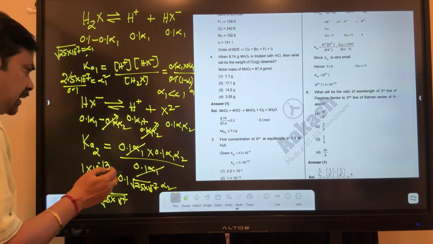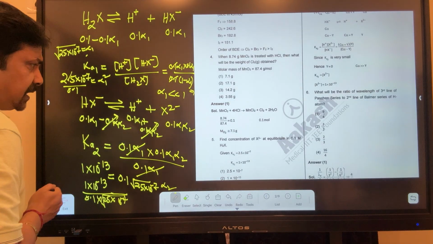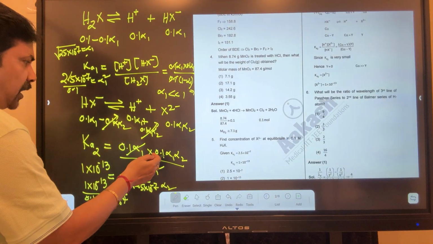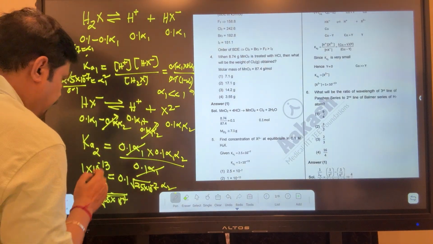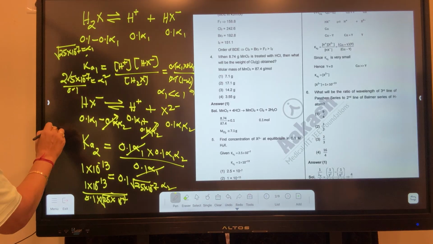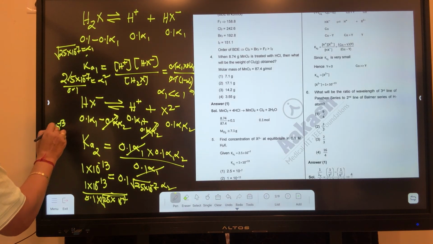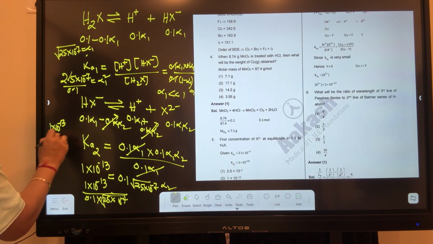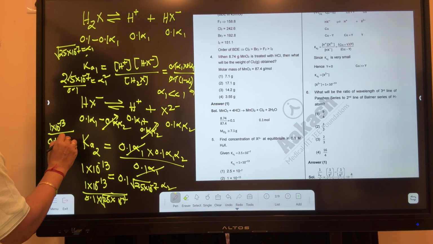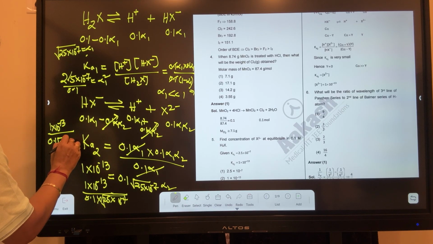Now your x2 concentration is nothing but 0.1 alpha 1 alpha 2. So then immediately 1 into 10 power of minus 13 by 0.1 alpha 1 is under root of 25 into 10 power of minus 7.